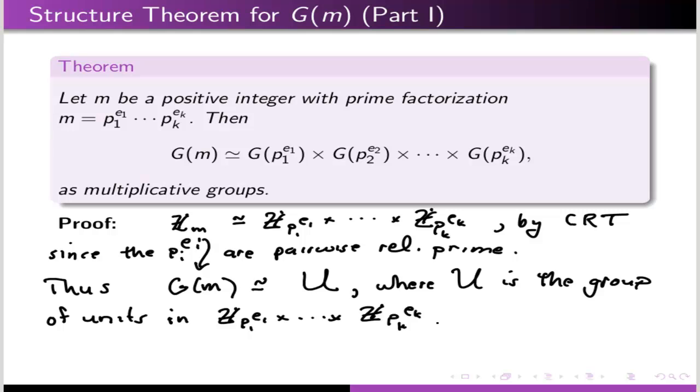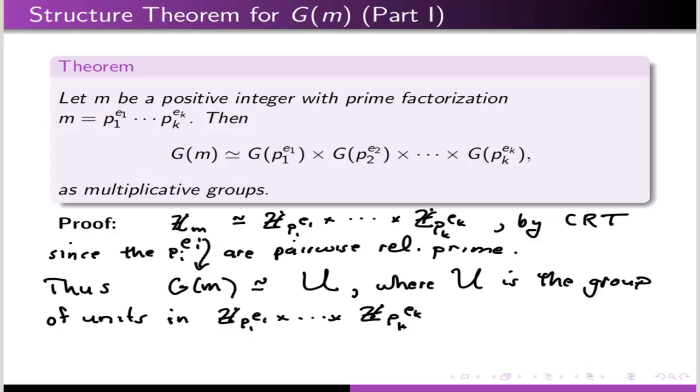So this is a result from ring theory. If two rings are isomorphic, then the multiplicative groups of units in the two rings are isomorphic as groups. Then I have to ask, well, what is the group of units on the right-hand side? Well, this is a Cartesian product.